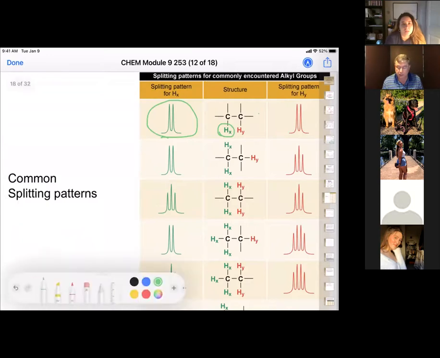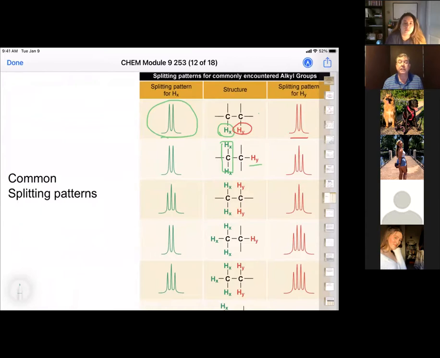Okay, likewise, this hydrogen here is next to only one hydrogen, so that's 1 plus N gives us 2, and we get this pattern here. If we add a green hydrogen, okay, we still get 1 peak for the green hydrogen and 1 peak for the adjacent hydrogen, the non-equivalent hydrogen. So we still have a doublet here, okay?